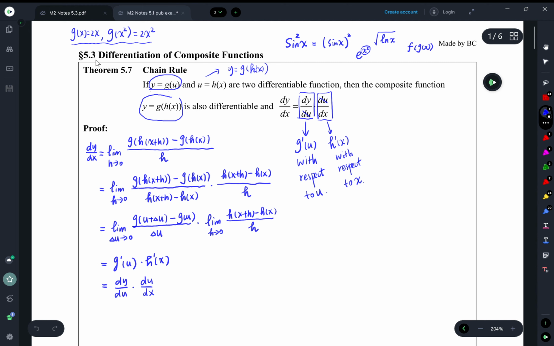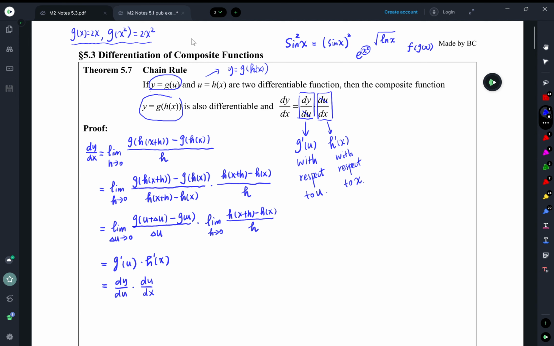Now today we only learn one rule. It's the differentiation of composite functions. I think last week the rules that we learned, one of them, the power rule, is designed specifically for a function, designed for power function.